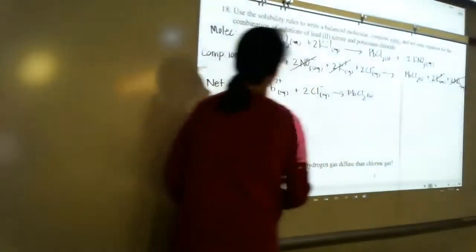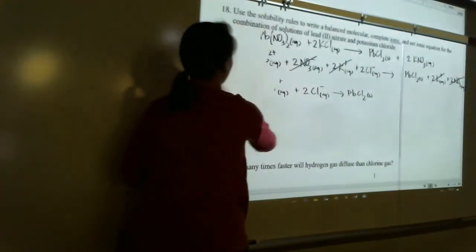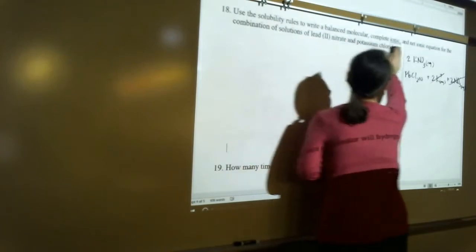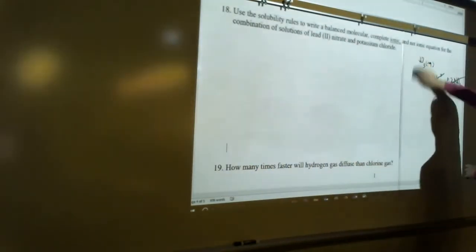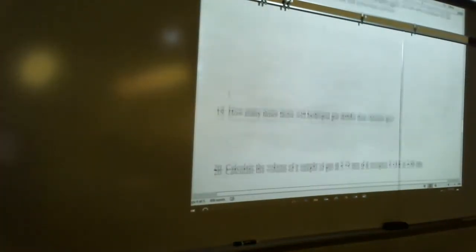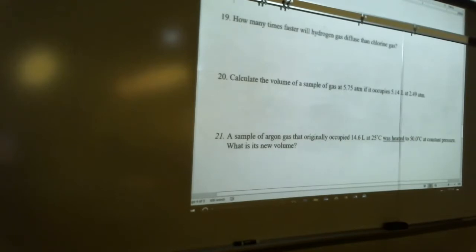All right, let's do 19, which is a gas speeds question. Now we're assuming that they're at the same temperature, because if one was at 25 degrees Celsius and the other one was at 70 degrees Celsius, that's not comparable. So we have to assume the same temperature here.